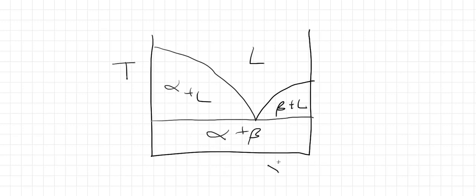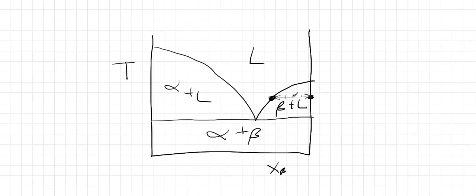And notice that if we're here, we prepare a system at that temperature and composition, it's going to split into two phases, a liquid phase with that composition and a solid phase, beta, with that composition. So beta in this diagram is essentially pure B. And you could use the lever rule to look at that segment and see which is bigger to find out which. It looks like about 50-50.